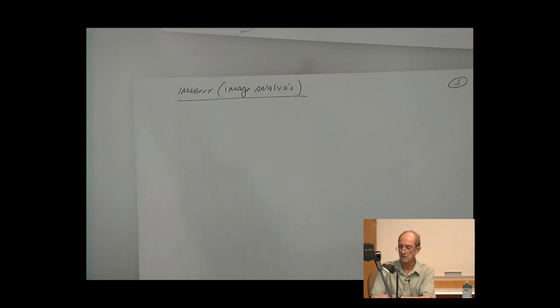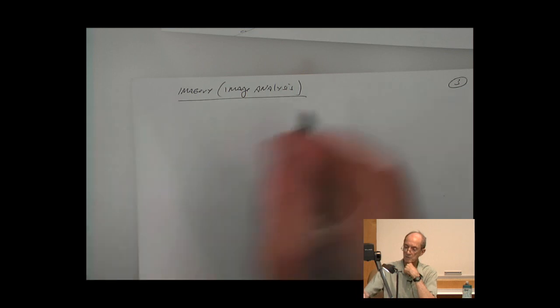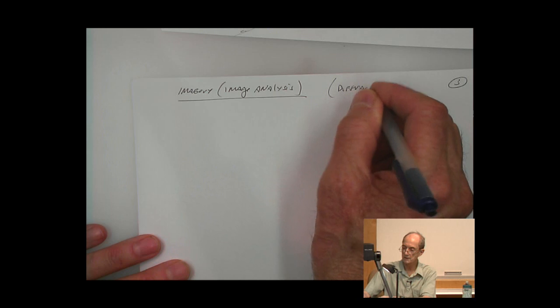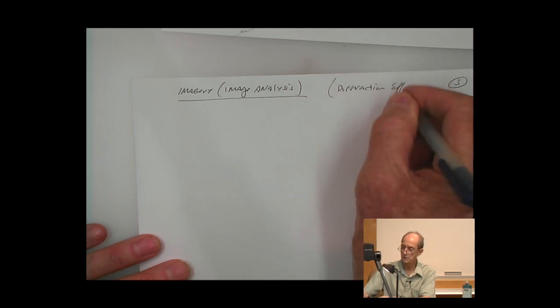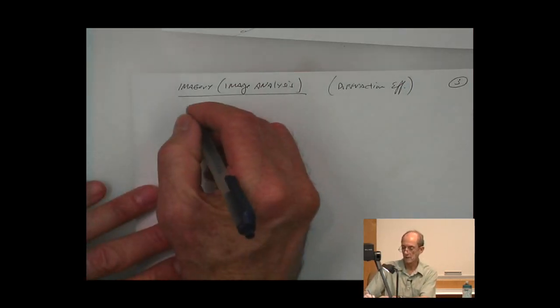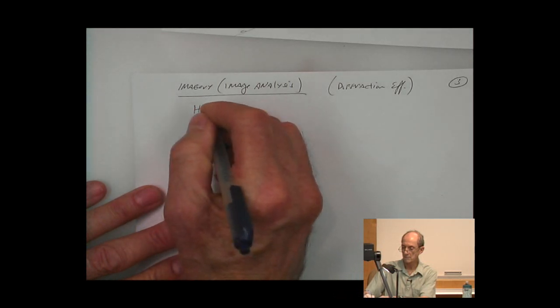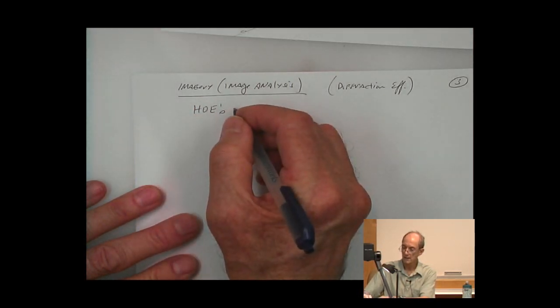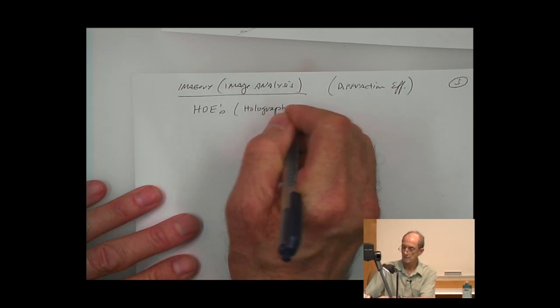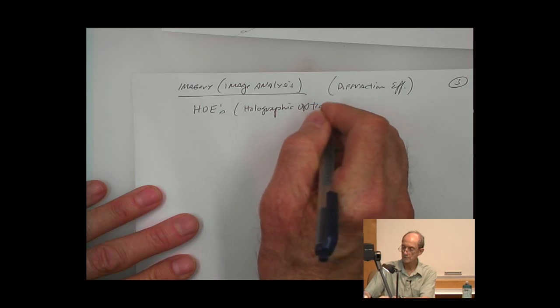However, because the hologram is not refractive but diffractive, we're also going to have to worry about the diffraction efficiency. So this is one of the two major parts of evaluating holographic elements, or I'll be talking about HOEs here, okay, HOEs, and again, these are holographic optical elements.